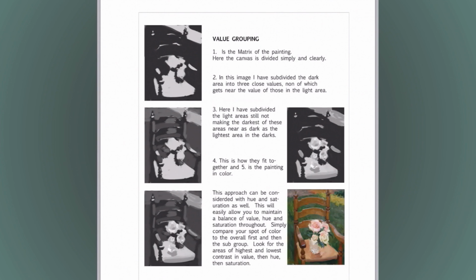Now, there's going to be a gap, a difference between the values in my dark area of my matrix and the values in the light area of my matrix. I'm going to keep a gap there.